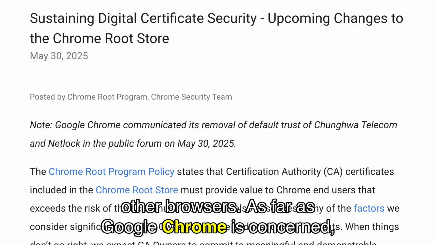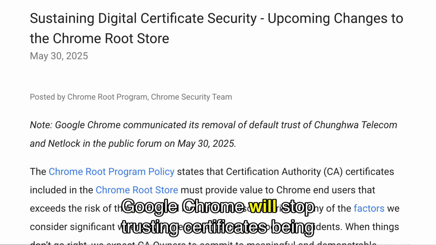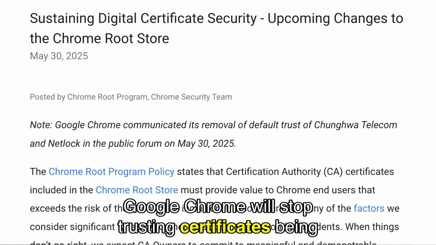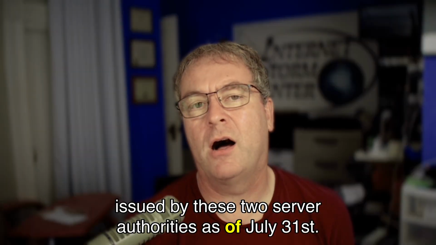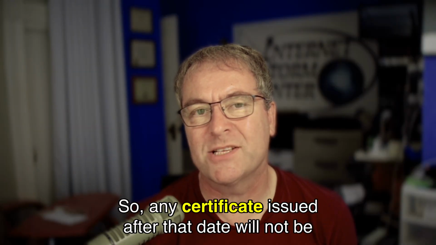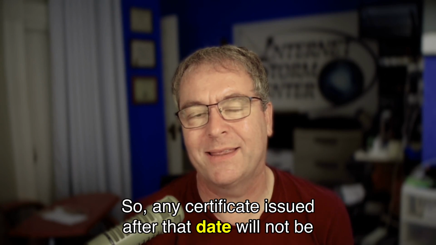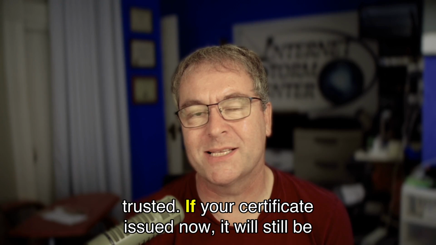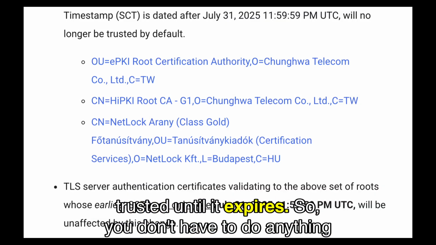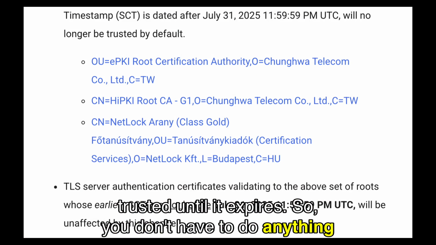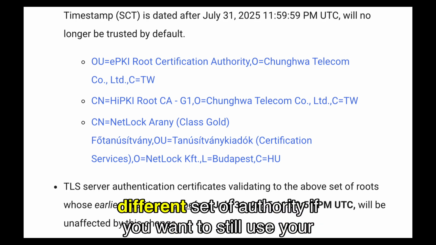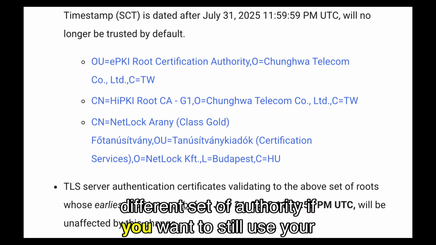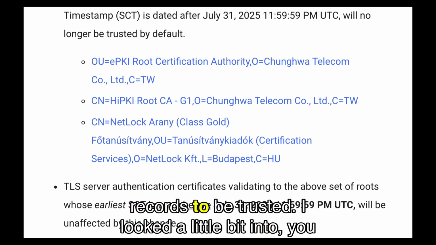As far as Google Chrome is concerned, Google Chrome will stop trusting certificates being issued by these two certificate authorities as of July 31st. So any certificate issued after that date will not be trusted. If your certificate is issued now, it will still be trusted until it expires. So you don't have to do anything immediately now. But yes, definitely find a different certificate authority if you want your certificates to still be trusted.